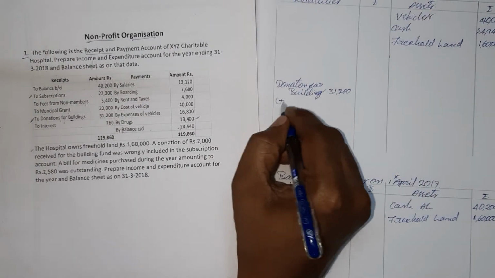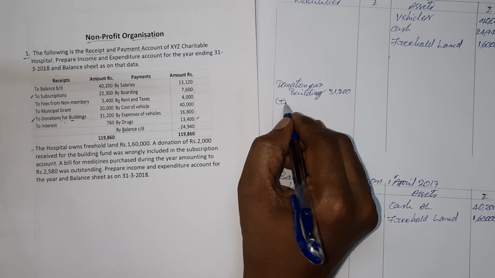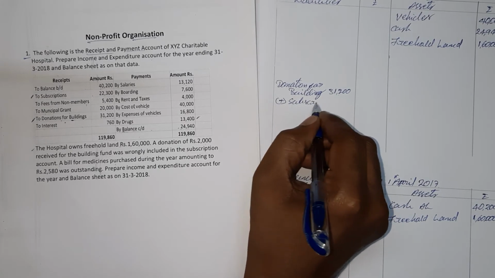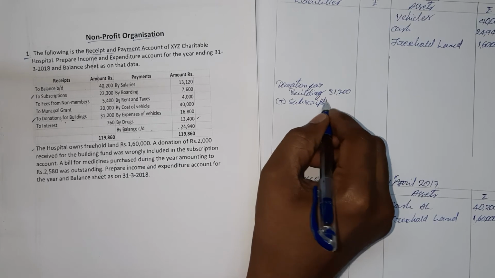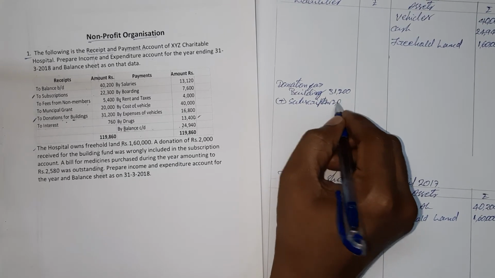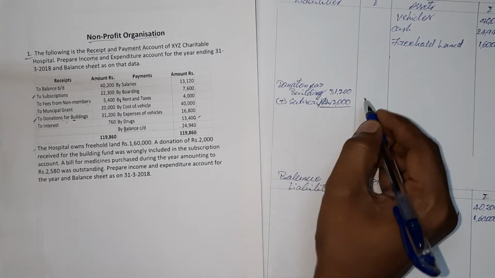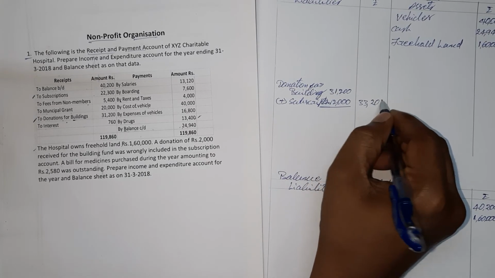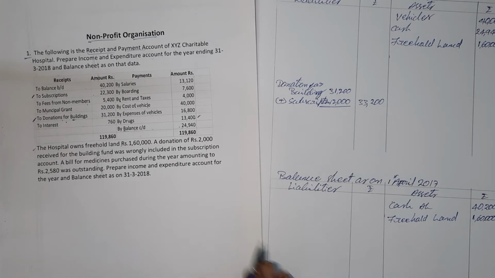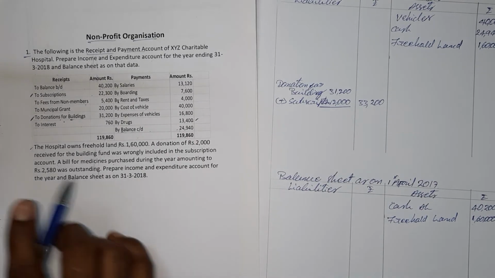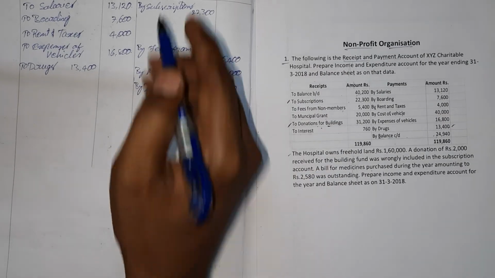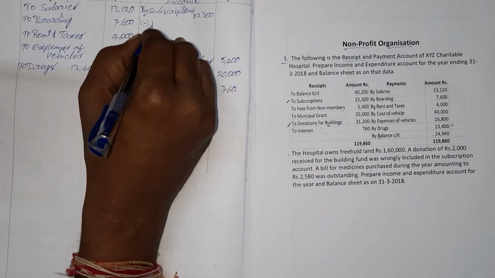It was included in the subscriptions. That is 2,000 rupees we have taken from subscriptions, and 33,200 you can enter into the outer column. This 2,000 was wrongly included in the subscription, so you can deduct it from the subscriptions. Here you can write less donations.